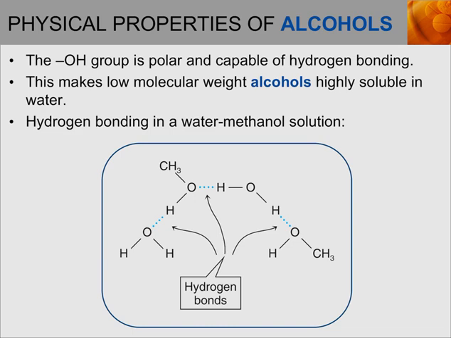You might remember from Chem 121 or other chemistry courses that the OH group is polar and it's capable of an intermolecular force called hydrogen bonding. This hydrogen bonding makes low molecular weight alcohols highly soluble in water.